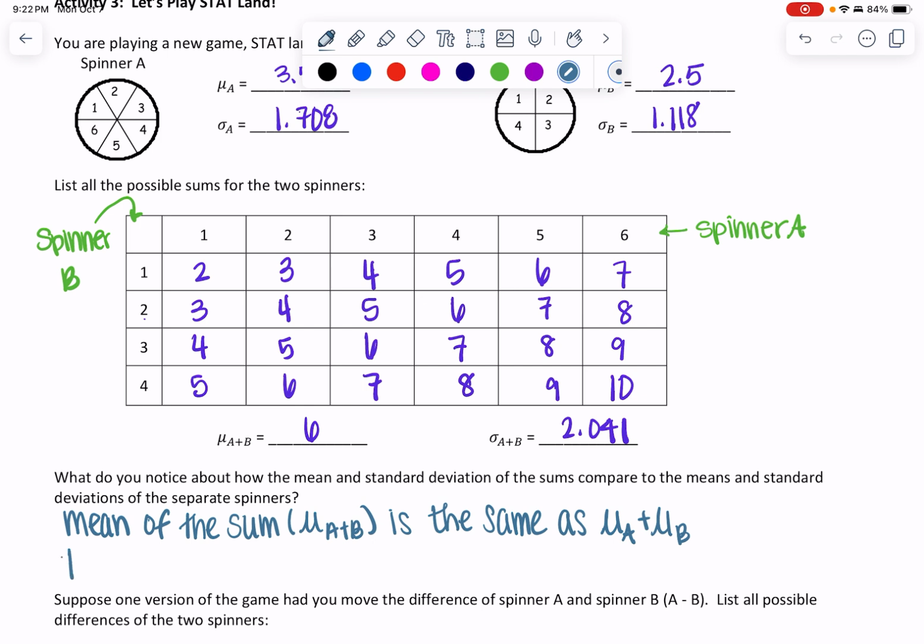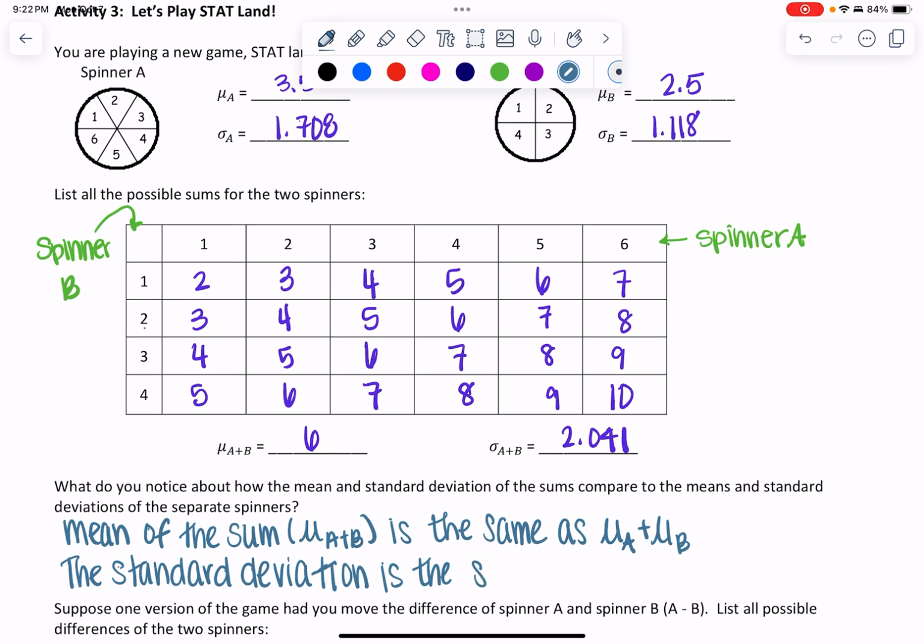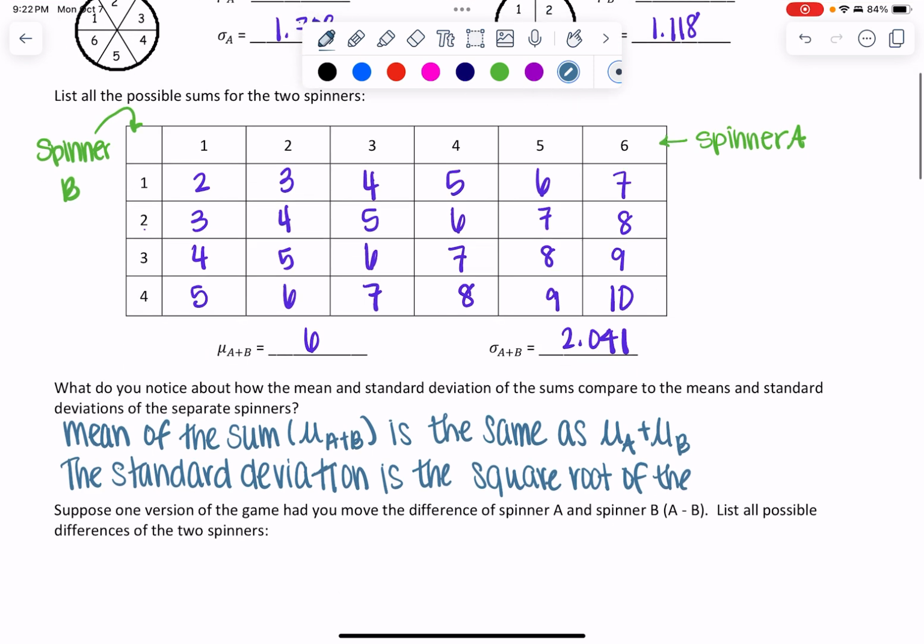The standard deviation, now this one's harder to get. So I'm going to give this one to you. The standard deviation is the square root of the sum of the variances.